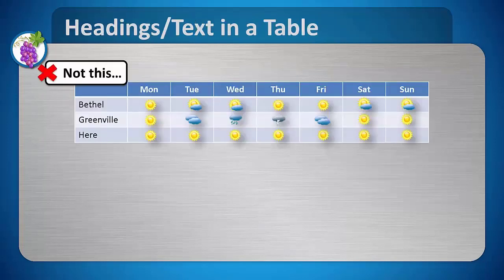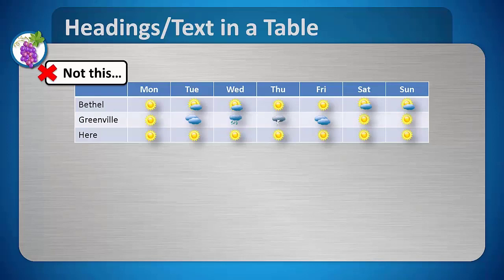If you're working with text in a table, for example, this particular table, we quickly pick up on exactly what this is. We've got sunny days, partly cloudy days, mostly cloudy days, rain, thunderstorms, and so forth. Someone using a screen reader would just hear that there's a table, or it may just say there's an image, depending on how you put it into your presentation.